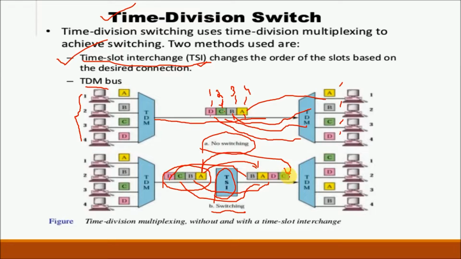So now A will be sent to station 3, D will be sent to station 2, C will be sent to station 1, and B will be sent to station B. That means using this TSI, we can change the time slots, and this way we can do the switching. That is called time division switching.